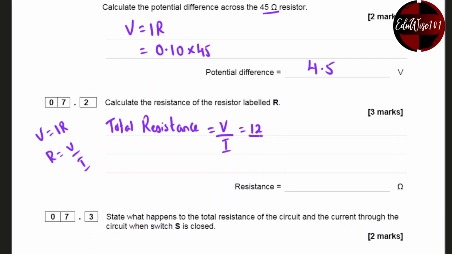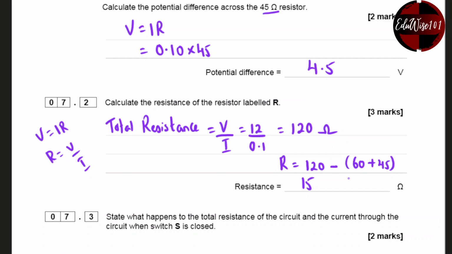That's 12 divided by 0.1. That gives me 120 ohms. Now, if I take away from the resistance, R is going to be 120 minus the 60 plus 45, which is 105, and that should give me an answer of 15 ohms.